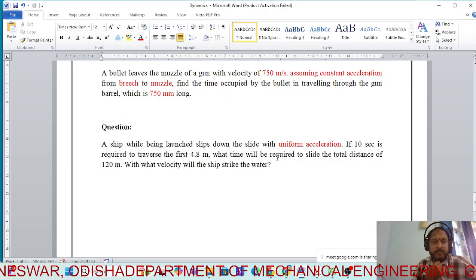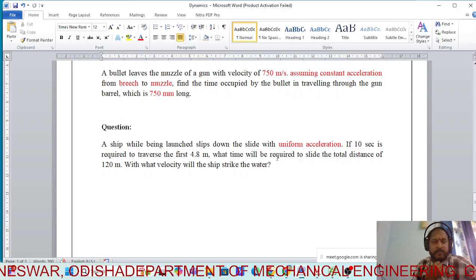Now he's asking what is the time required to slide the total distance of 120 meter. For 10 seconds it is 4.8 meter, so how much time is required to travel a distance of 120 meter? And he is asking with what velocity the ship will strike the water.